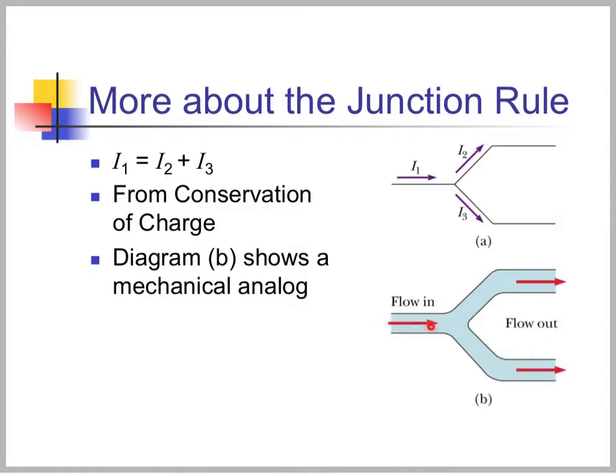If I have so much water flowing in this pipe, the amount of water per time flowing out has got to be the same as flowing in. If more flowed out than in, all of a sudden I would have no water in my junction. That doesn't make sense. If more flowed in than flowed out, then I'd have a buildup of water and the pipes would burst, and we can't have that either. So what goes in must come out, is all that we're saying about the junction rule.